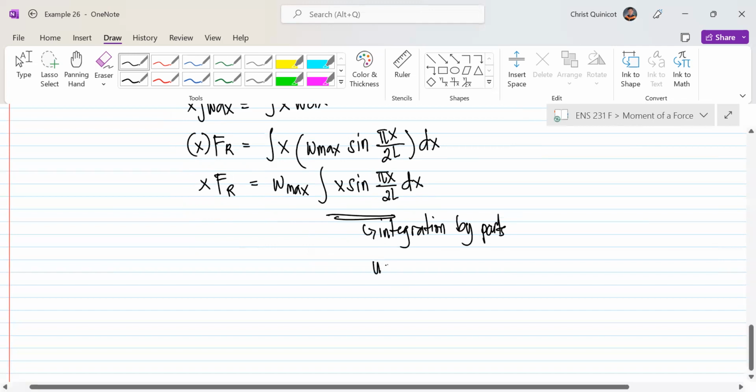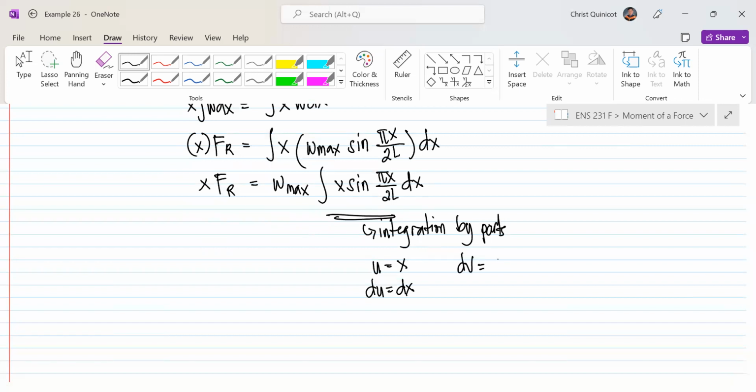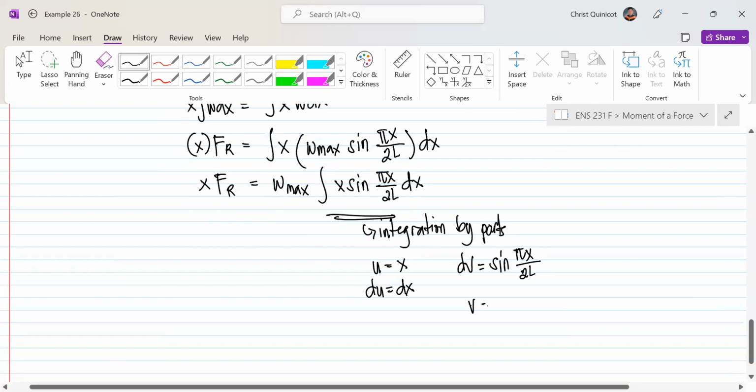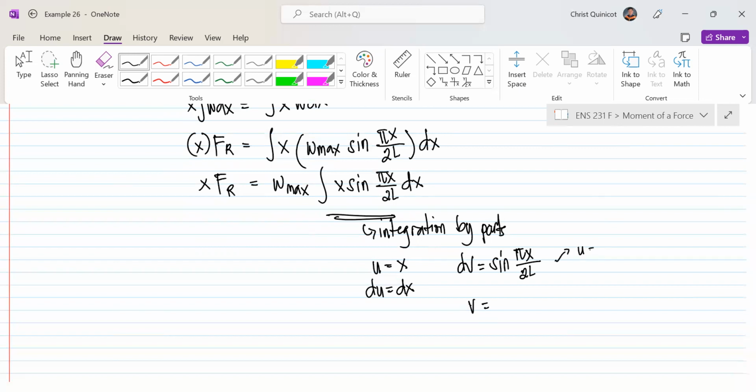So u is equal to x, du is equal to dx. We have dv is equal to sine pi x over 2L dx, and v is equal to, we will let another u here be equal to pi x over 2L, then du is equal to pi over 2L dx.